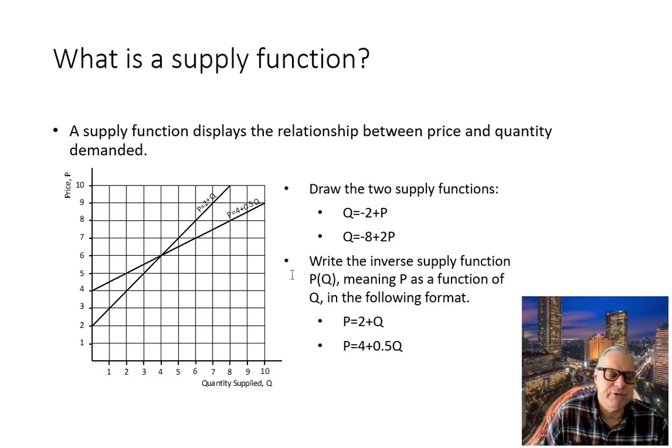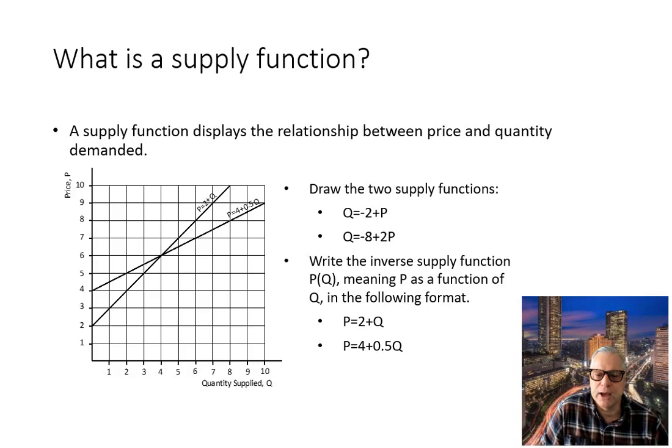But when we draw it like this, we don't really want to look at a function where Q is to the left side of the equation, and we would expect the price to be to the left side of the equation. So now let's convert again this supply function into the inverse supply function.